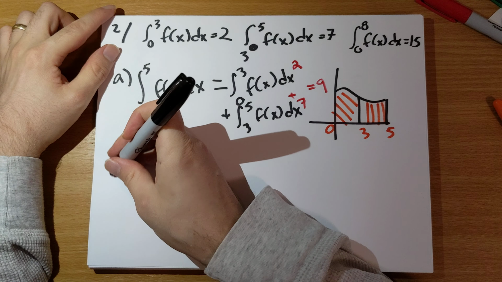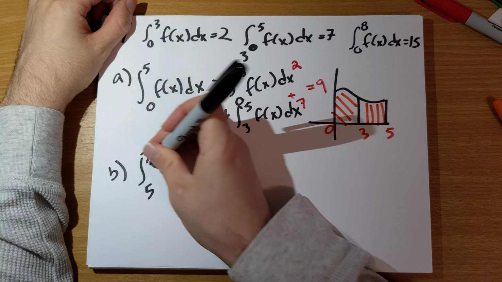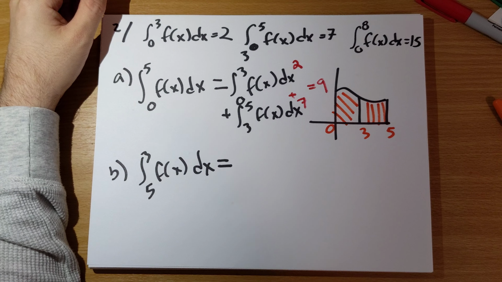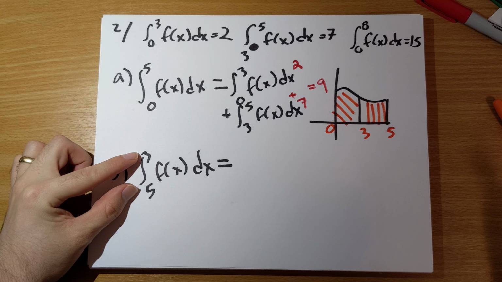Okay, part B is asking us about the integral from 5 to 3 of f of x dx. Well, what's going on here? We have the bounds on the integral in the quote-unquote wrong order.